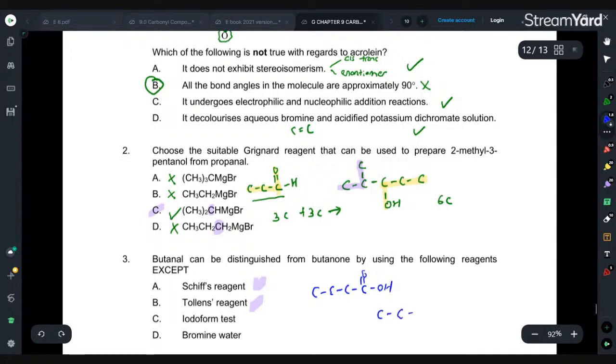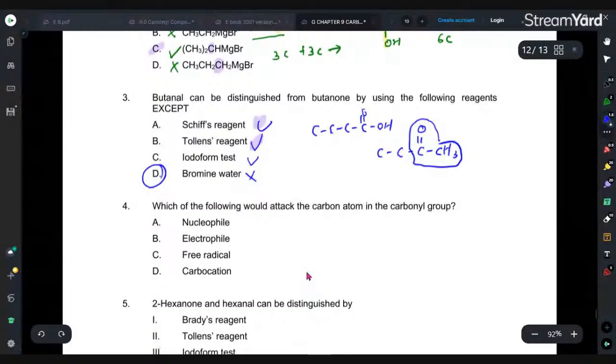Butanol. Yeah, can. Okay, because here there is a methyl group here. CH3 here. CH3 here. Sebenarnya kalau logik kita pun tahu bromine kita tak belajar kat carbonyl. So bromine biasanya tak boleh. Yang itu kan. So the answer is Tollens. Here, kita tak belajar bromine water pun untuk carbonyl.